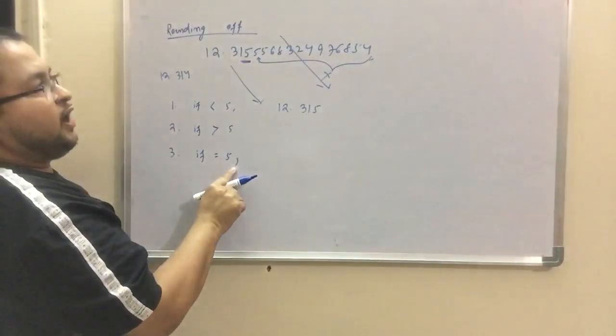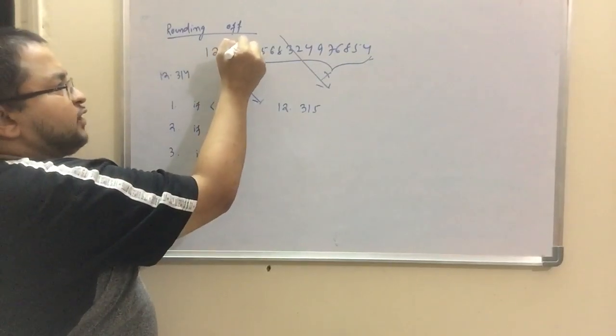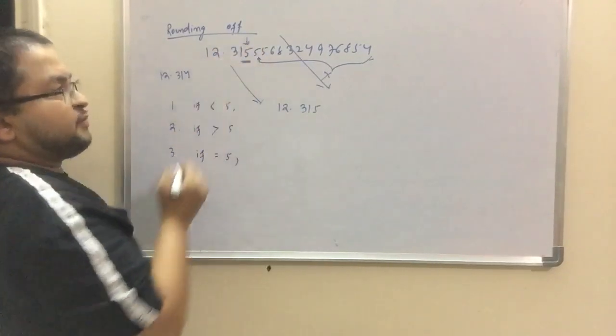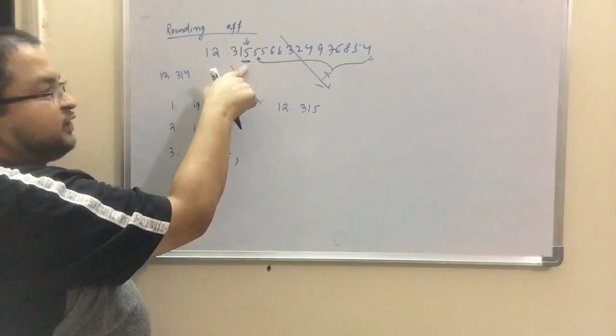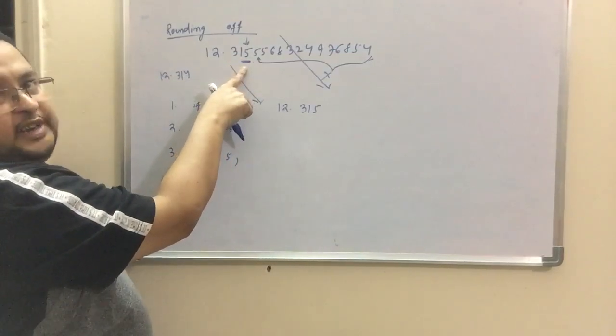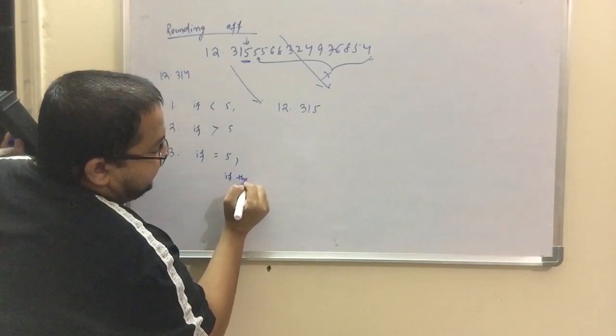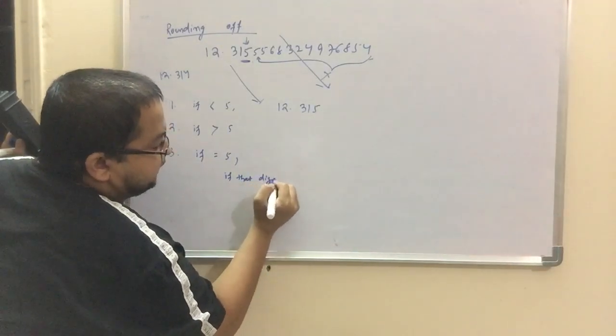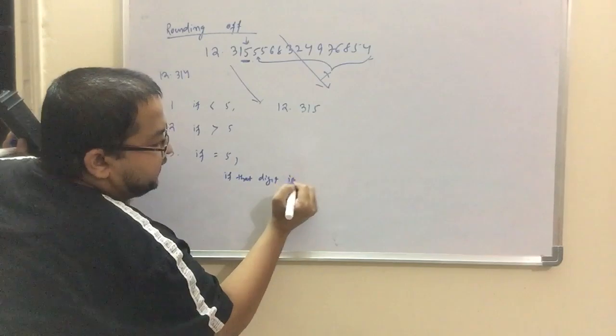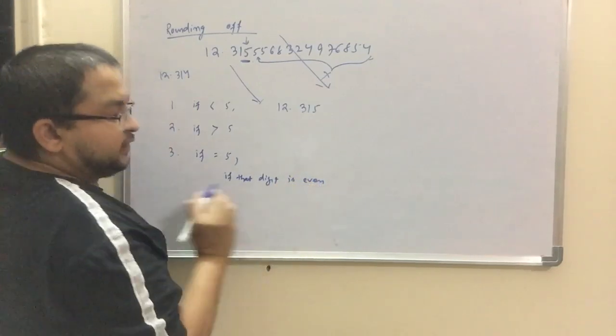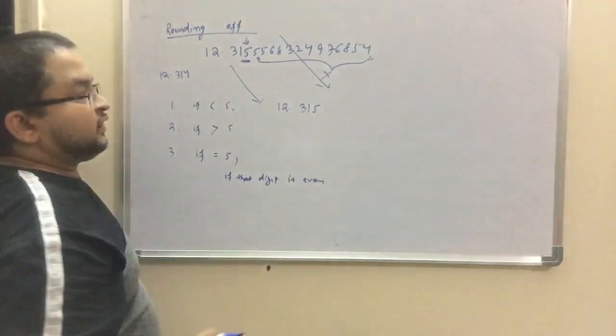If it is equal to 5, we need to come back to the same digit where rounding is being done. I came back to the digit where the rounding is being done. What is that digit? It is 5. If that digit is an even digit, then do nothing, just drop off the rest.